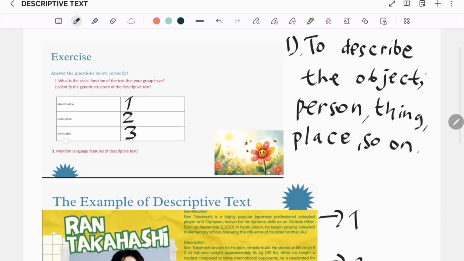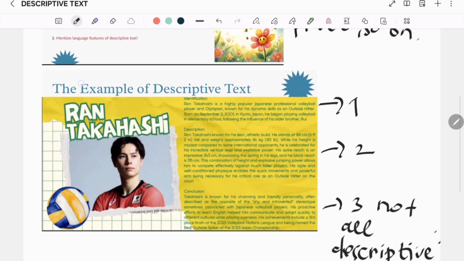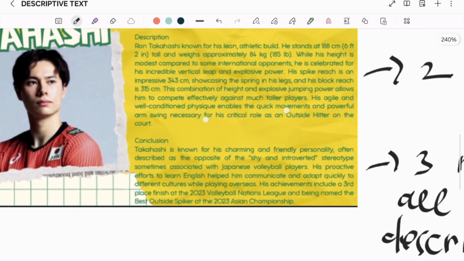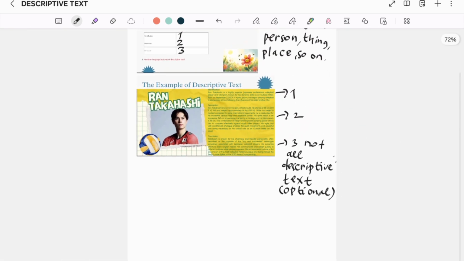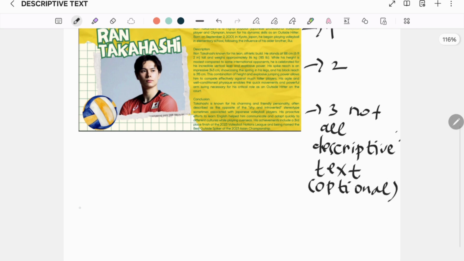Okay, the next is to mention language features. Language features here, we will try for the first one. Number one is present tense.